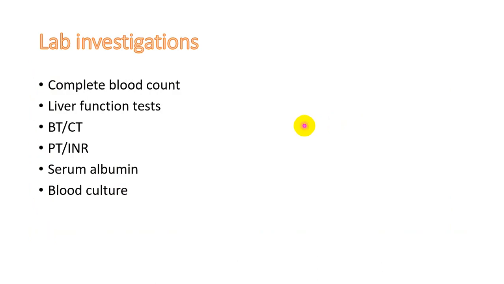After history and examination, we proceed with lab investigation. This patient needs to be sent for complete blood counts to see if there is any anemia, which could indicate hemolytic anemia. An elevated white blood cell count could indicate underlying infection. Platelet count in chronic liver disease will be low, so thrombocytopenia is one of the markers of chronic liver disease.